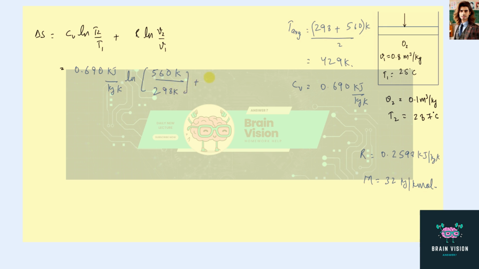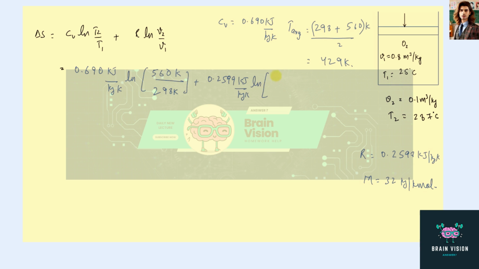plus R we have 0.2598 kilojoule over kg Kelvin, times natural log V2 divided by V1.